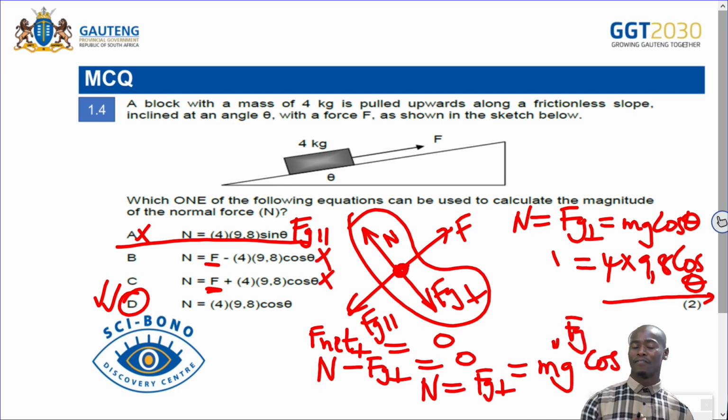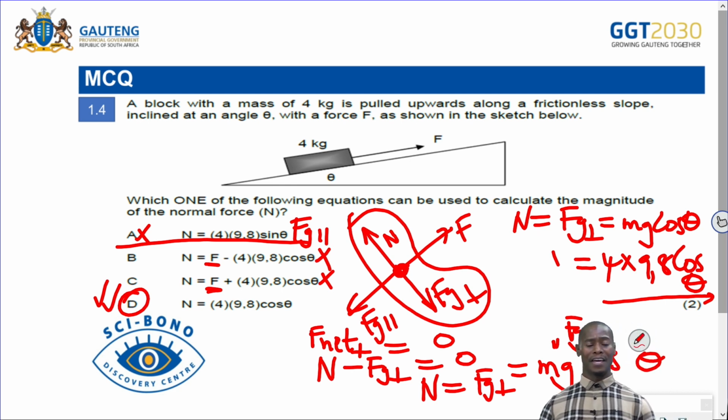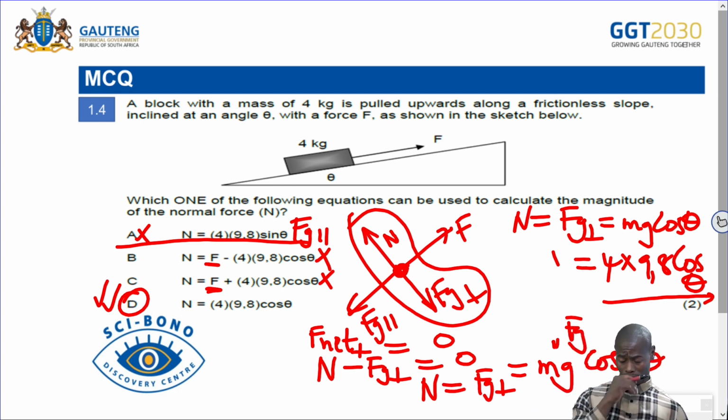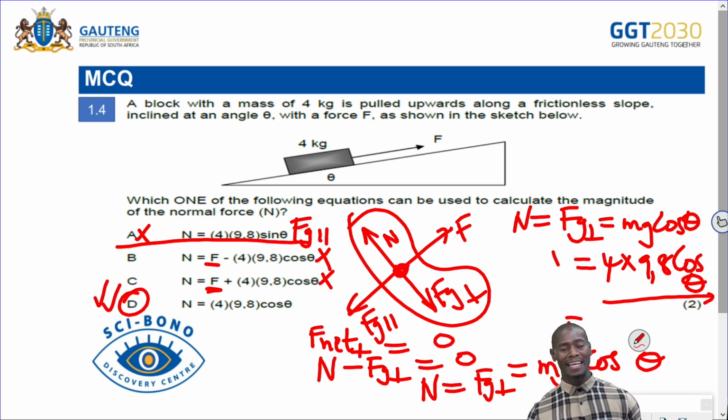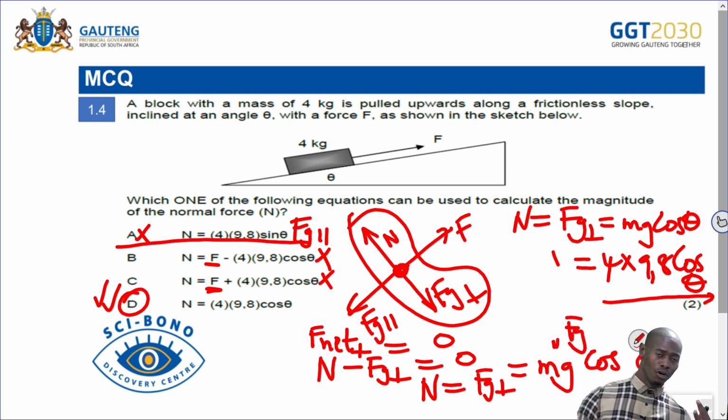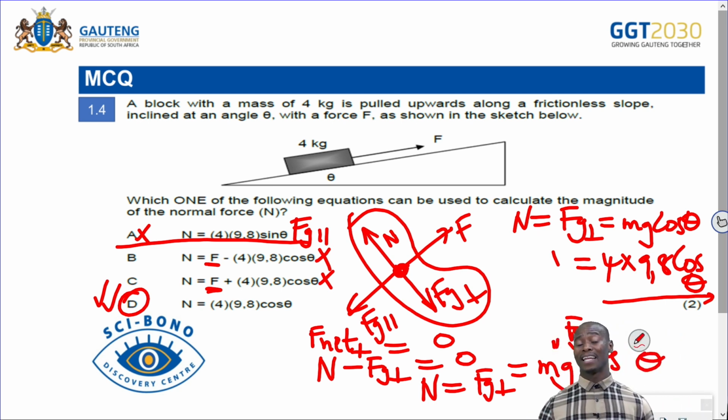And please let us be careful when it comes to cos theta and sin theta. The mg cos theta is for the Fg perpendicular, and the Fg parallel will be mg sin theta. So please be careful with that. I don't want learners to confuse Fx with Fg parallel. Fx is F cos theta, but Fg parallel is mg sin theta.